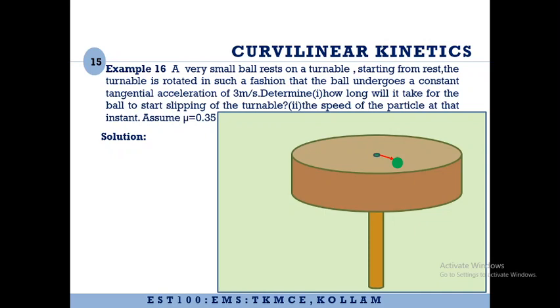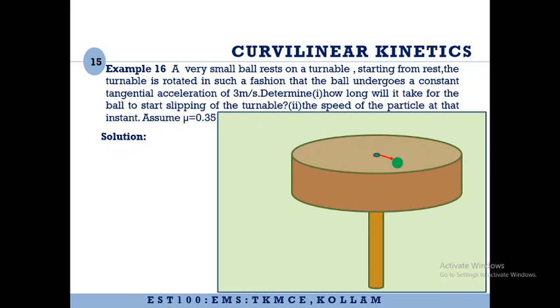Now the question is, how long will it take for the ball to start slipping off the turntable? And the second is the speed of the particle at that instant. The coefficient of friction is given. Now what we have to understand is, imagine if the turntable was fully smooth. When you start rotating the turntable, the ball will slip away.